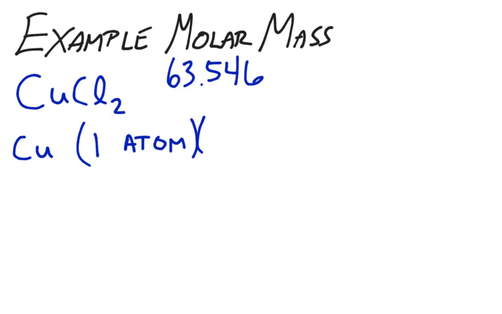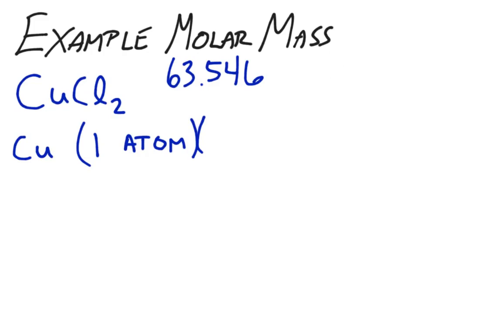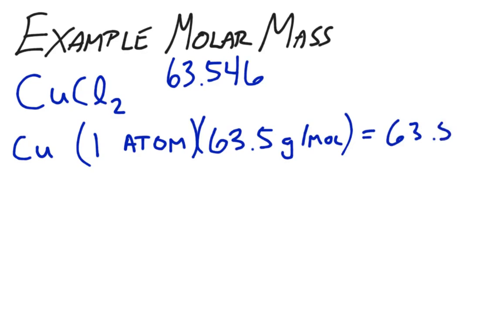But in order to simplify this, we're going to follow the rules from the previous page. Since it ends in 0.5 something, we're going to round it to 1 decimal point. So we're going to call it 63.5. That's 63.5 grams per mole, which is the unit of molar mass. 1 times 63.5 equals 63.5.